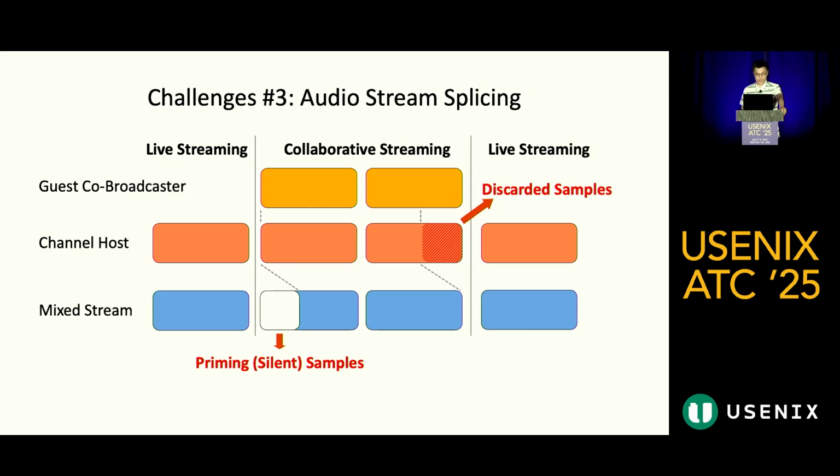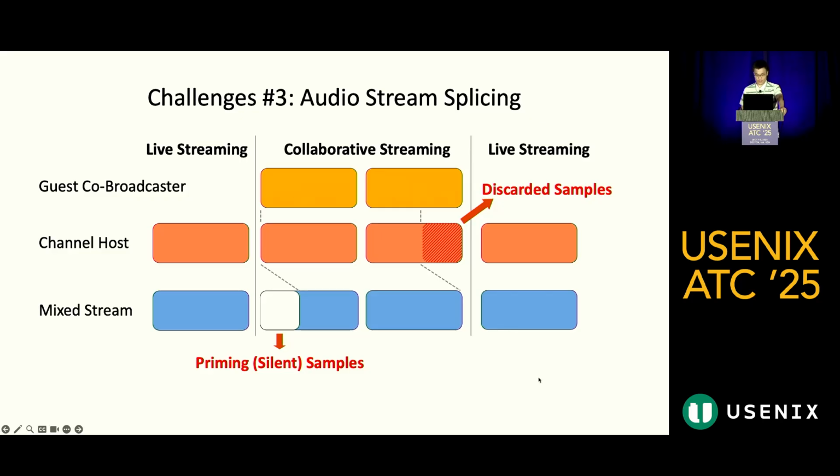For video, we can simply switch to or from the mixed stream at the boundary of a key video frame. However, due to inherent encoder delay of most audio codecs, simply switching between two audio streams of different streaming modes will induce noticeable audio glitches.